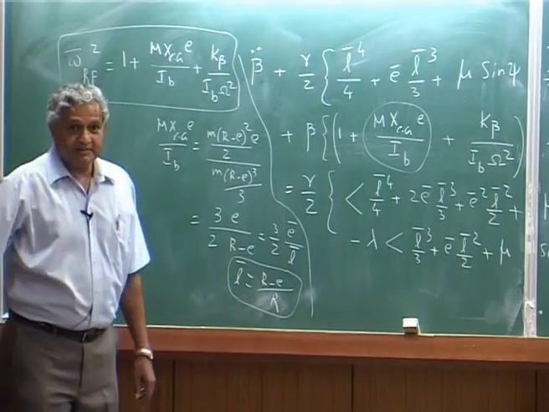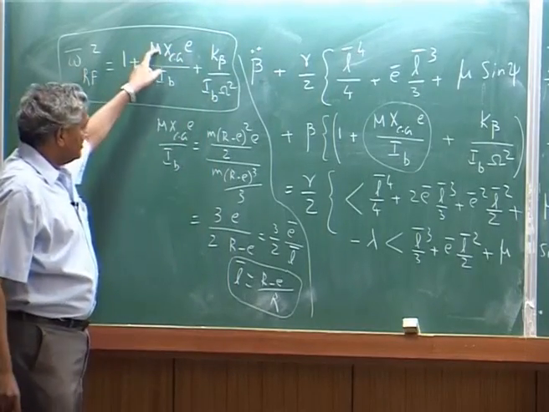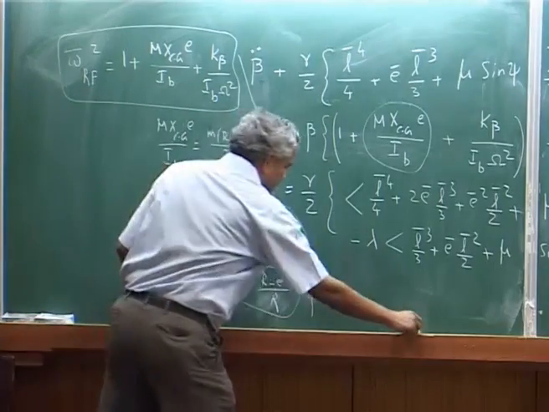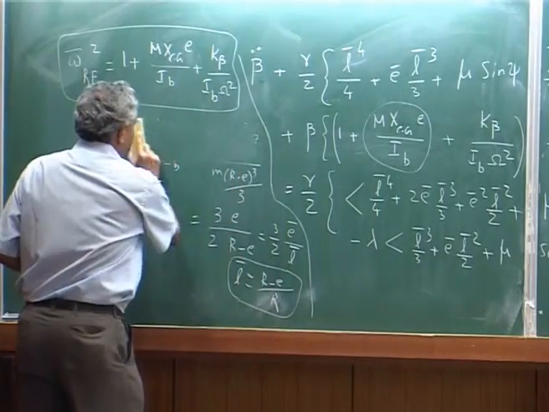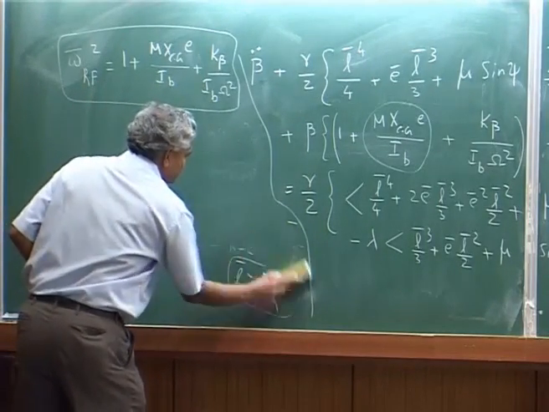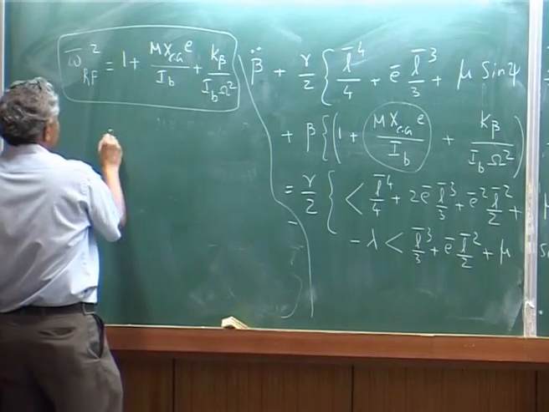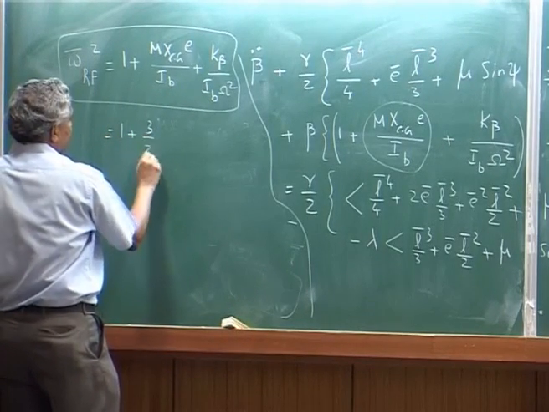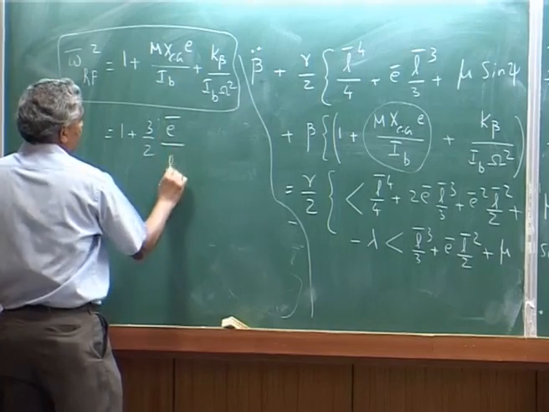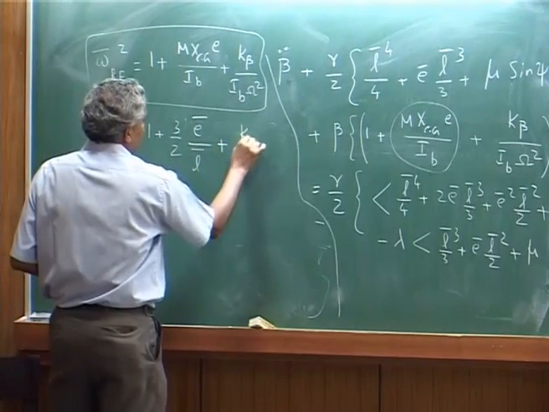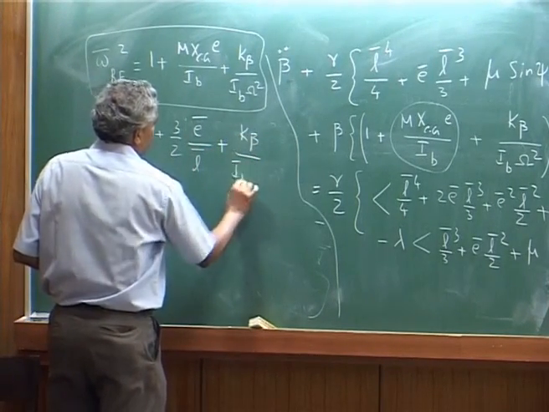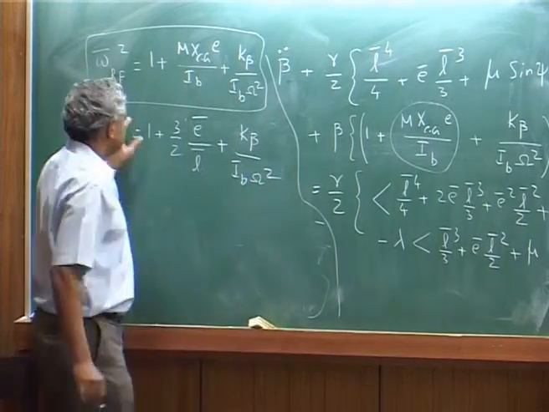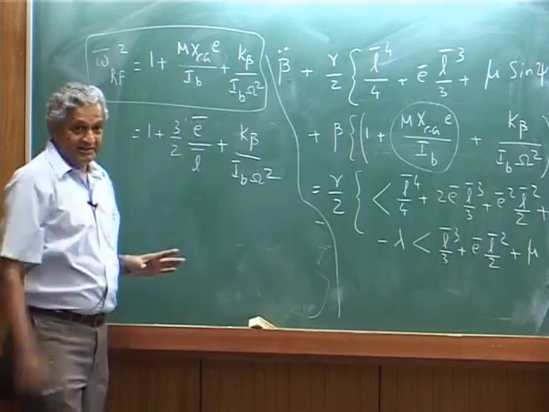and if my mass of the blade is uniform, then I will have the same expression simplified as 1 plus 3 by 2 E bar over L bar plus, okay, if m is constant.